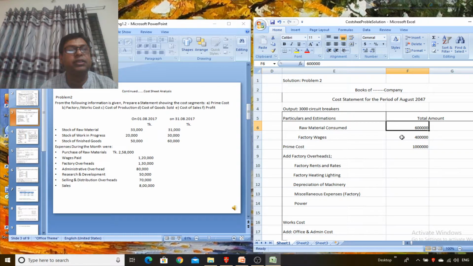Opening balance of raw material. Raw material consumption.